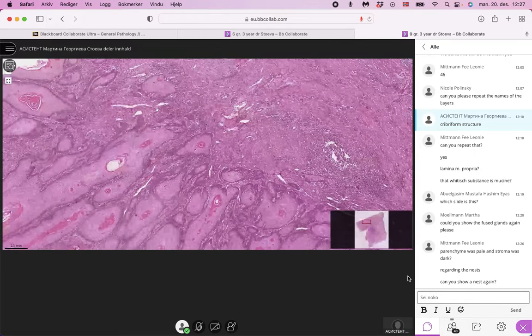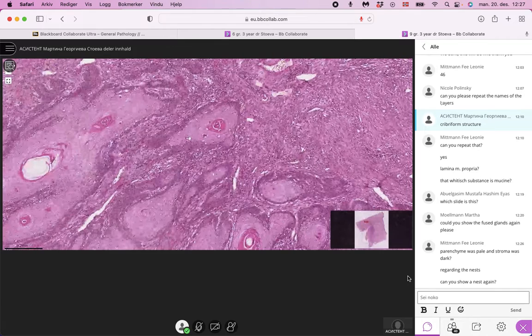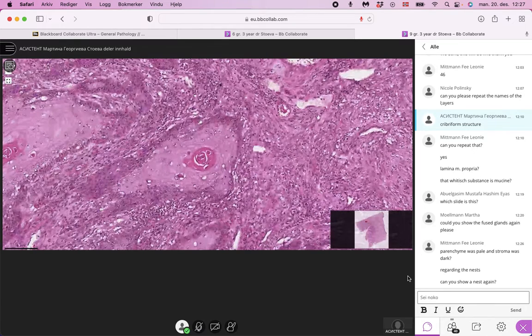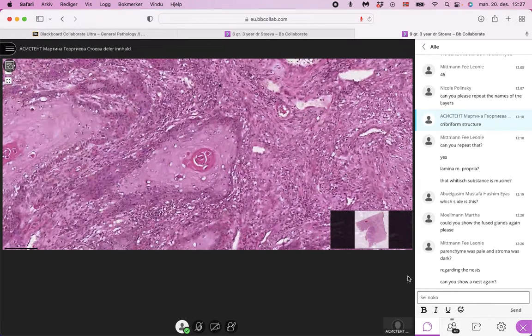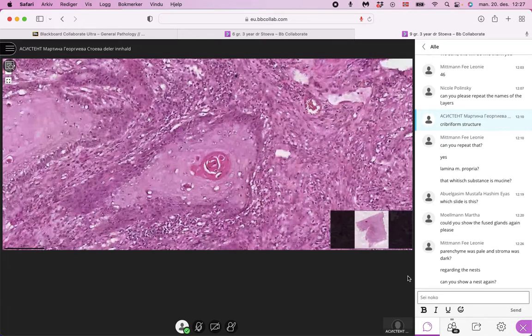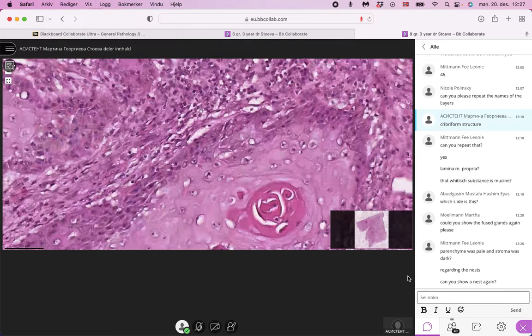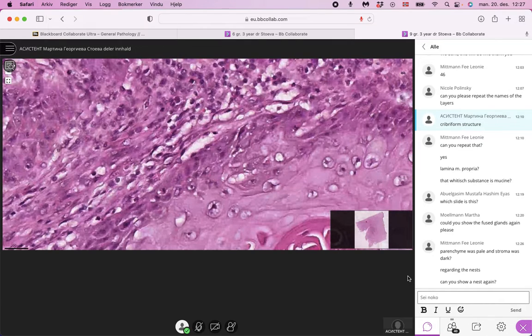So here, this is one nest. The darker peripheral thing, together with the paler central thing, this whole structure is one nest. And the stroma is the thing that separates the adjacent nests. Within the stroma, there are lymphocytes. This is the stromal reaction of the tumor.